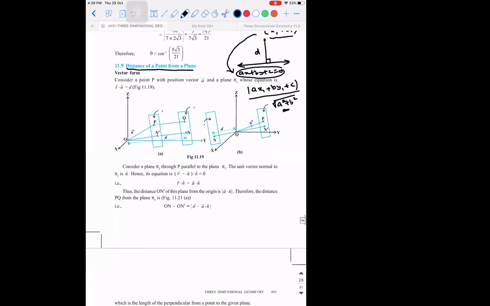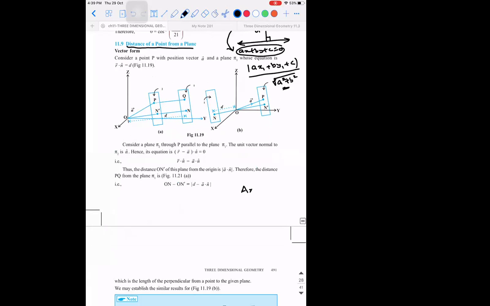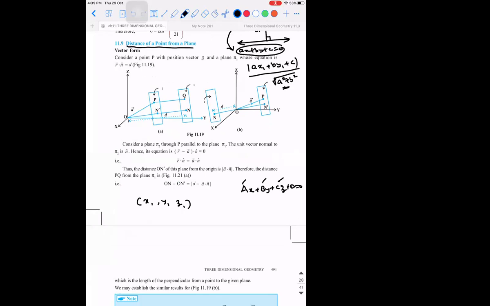In a similar way, if ax plus by plus cz plus d is equal to 0 is the equation of a plane where capital A, B, C represent the direction ratios of the normal to the plane, then the distance from the point x1, y1, z1 to this plane will be what? You just extend the formula.